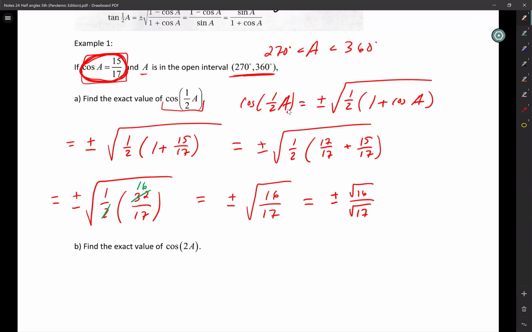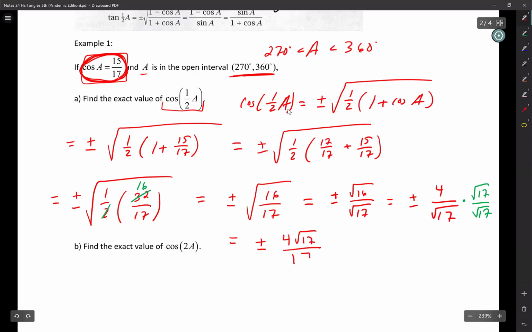If it's free response, I will accept 4 over square root of 17. Unfortunately, a lot of your quizzes are multiple choice, and you have to figure this out. So the way to do that, guys, is multiply this by square root of 17 over square root of 17. And finally, you get plus minus 4 square root of 17 over 17.